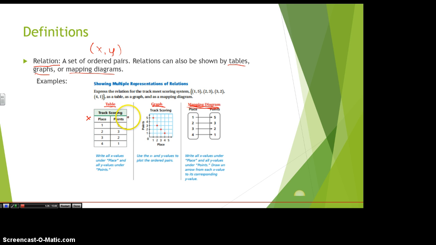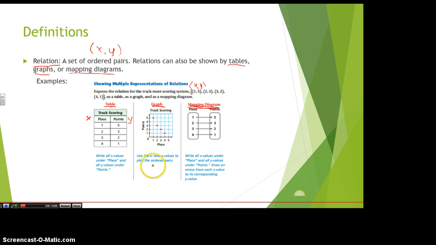My points represent my y values: 5, 3, 2, and 1. Remember, in ordered pairs, the first value represents x and the second value represents y. So this is the table. It says write all x values under the place and all the y values under the points.